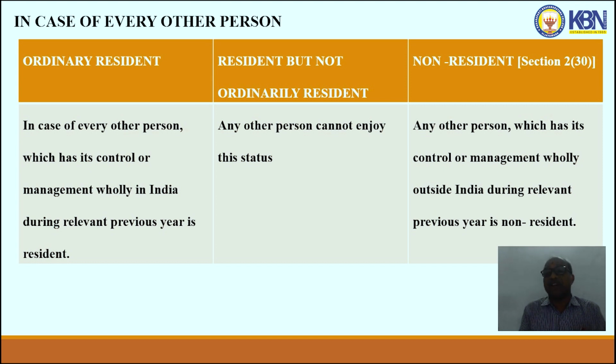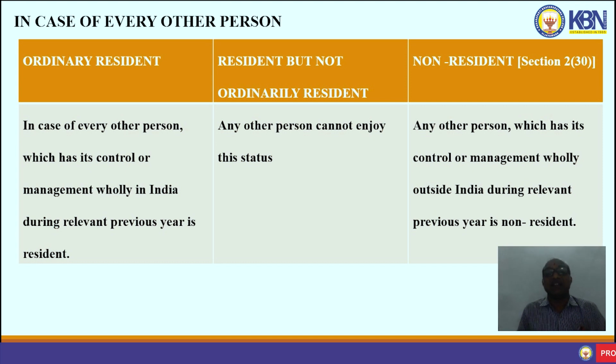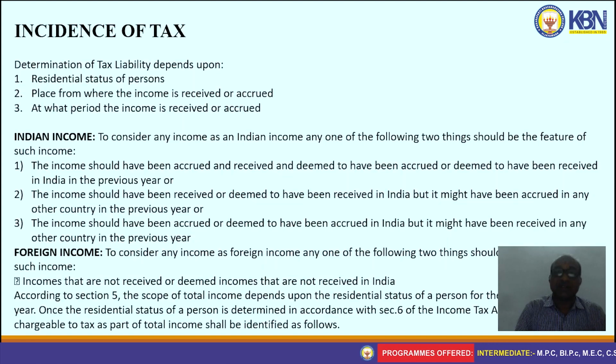If control and management of affairs is wholly situated outside India, it is called non-resident. So the firm, AOP, BOI, company and every other person cannot enjoy resident but not ordinarily resident status.